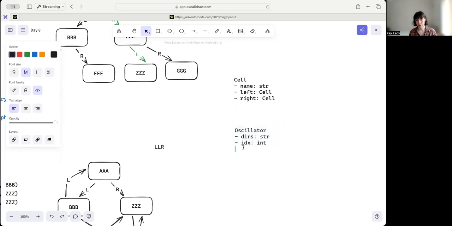And then we can have an advance, and we can have a current. Let's go with a string.